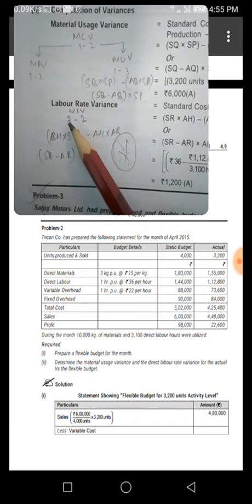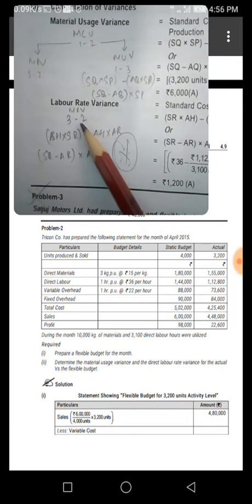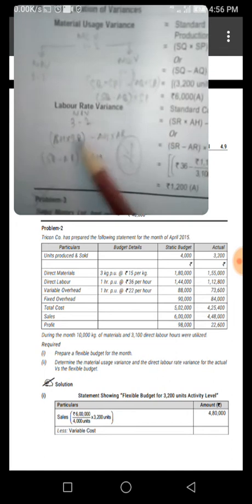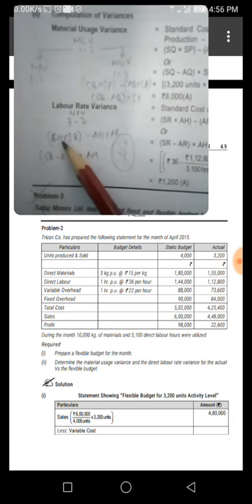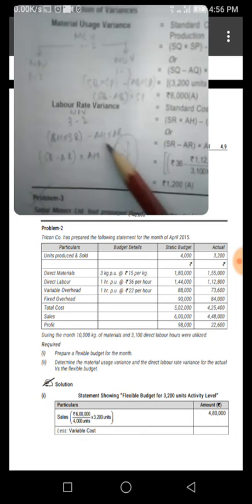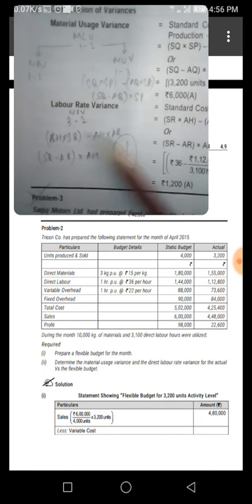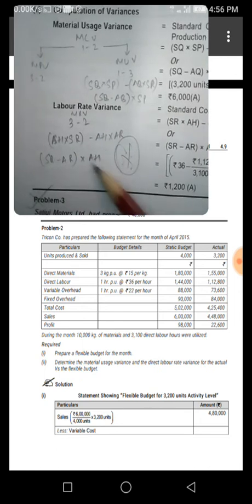Now the labor rate variance. The formula is third column minus second column. The third column is AH into SR minus AH into AR, which is the second column. So what is common here? AH is common, so AH is taken out: SR minus AR.